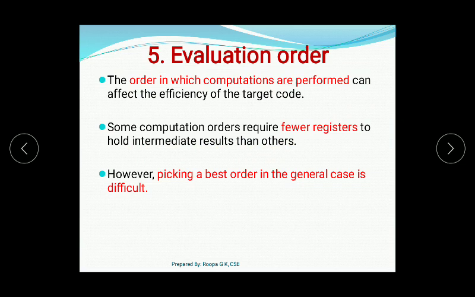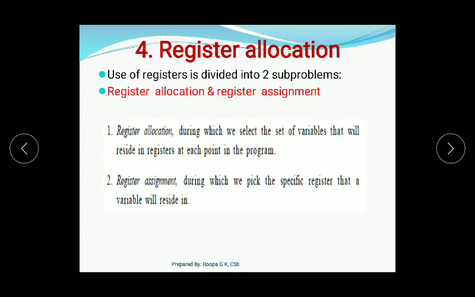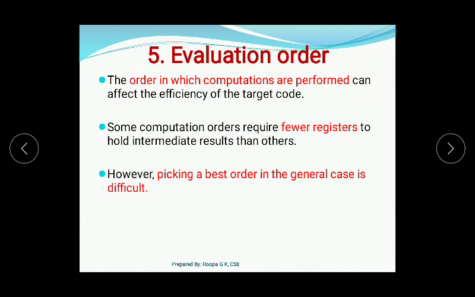So computation orders are also dependent upon the number of registers. That is, this fifth step is directly related to the previous step, register allocation. Picking the best order in the general case is difficult. Each and every problem is different from one another and has its own properties. We cannot write an algorithm for picking the best order for execution of an operation. So this is all about issues in code generation.